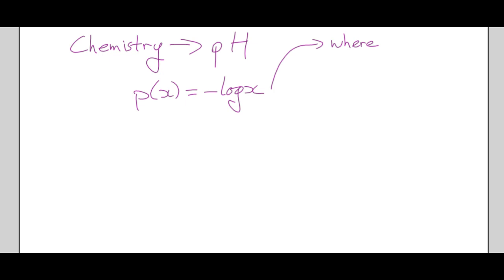In chemistry, the pH, P of x, is equal to negative log x, where x is the hydrogen ion concentration in moles per liter. And P of x is the pH.